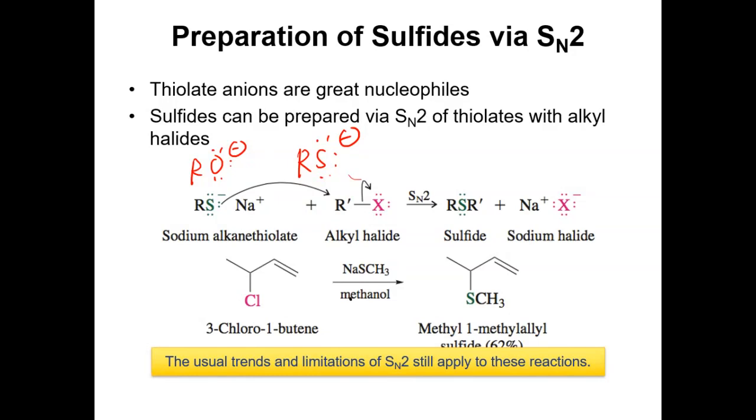The alkoxide's conjugate acid, ROH, has a pKa of about 16, but for thiol, RSH, usually around 10. So alkoxide is much more likely to undergo E2 reaction, which makes thiolate less likely to undergo E2 reaction.